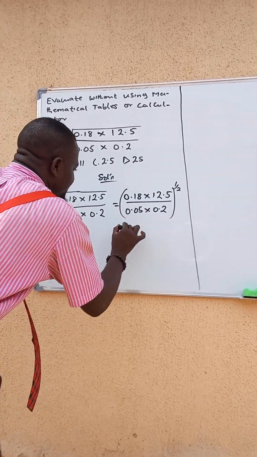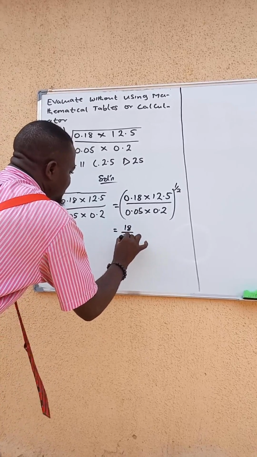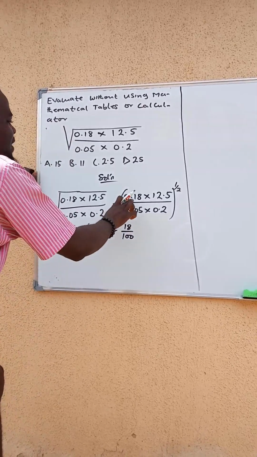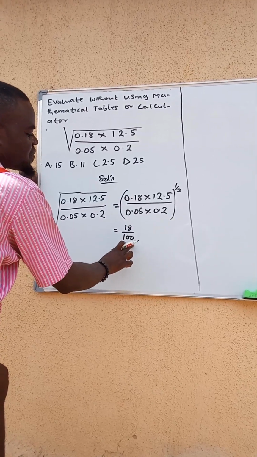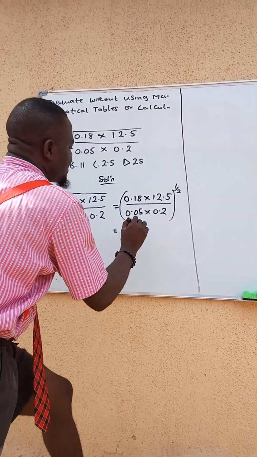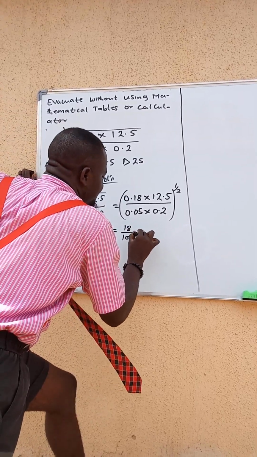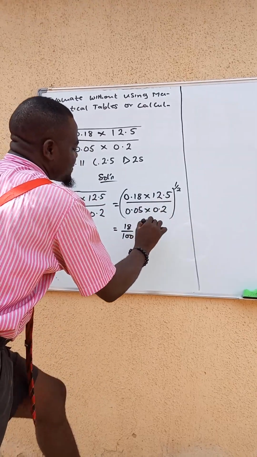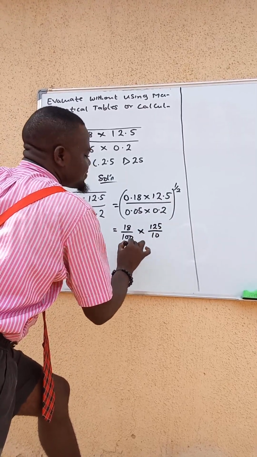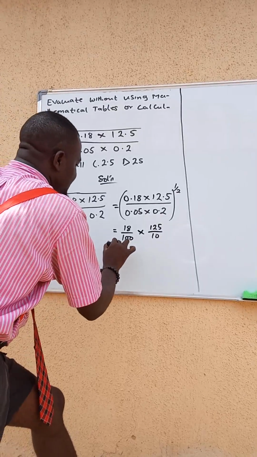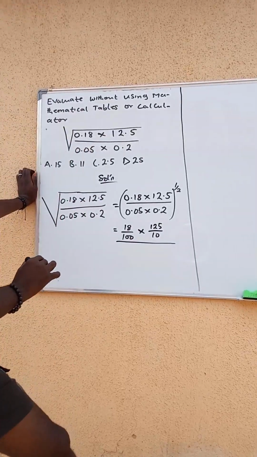So this will now give me 18 over 100. Do you know why? I have two numbers after the decimal point, so it will be 100, 2 zeros, multiplied by, this one has one number after the decimal point, so it will be 125 over 10. Then I write it like this.